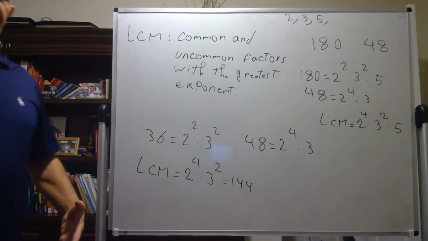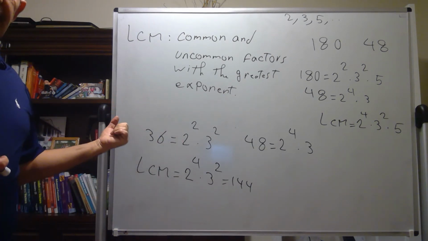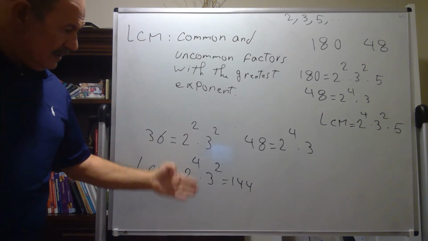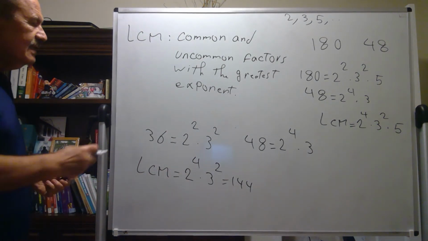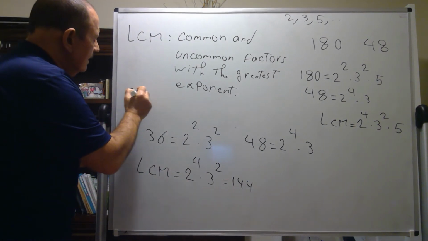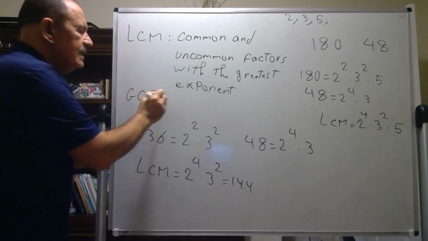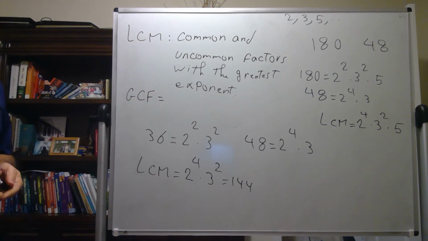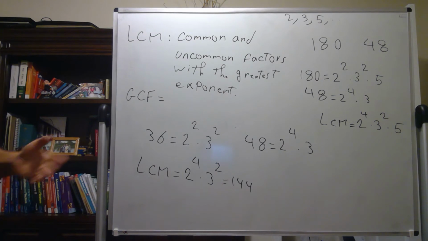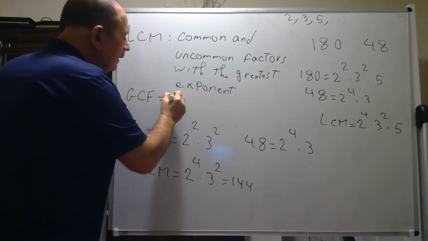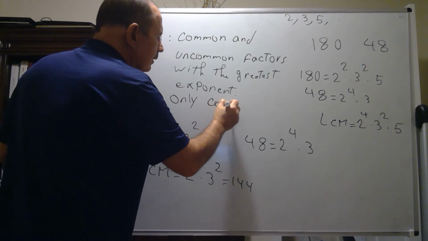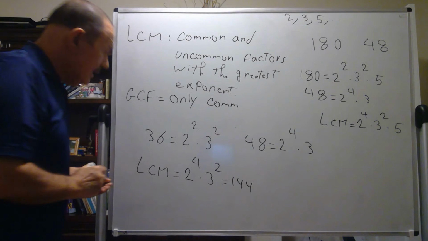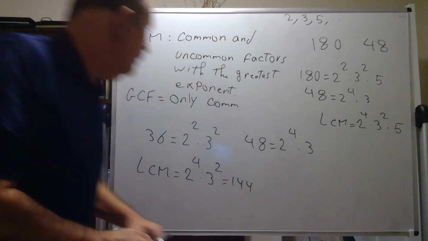This method is preferable to the other methods. Why? Because we can use whatever we calculated here to find the GCF. GCF is greatest common factor. Definition of the GCF is only common factor. Let me just erase this top one, LCM.